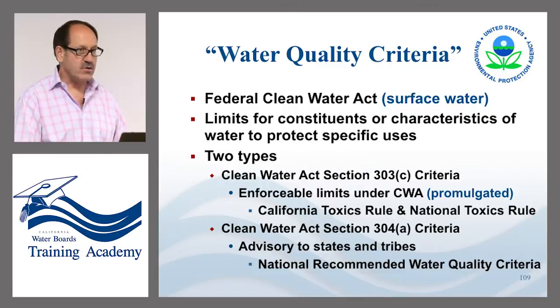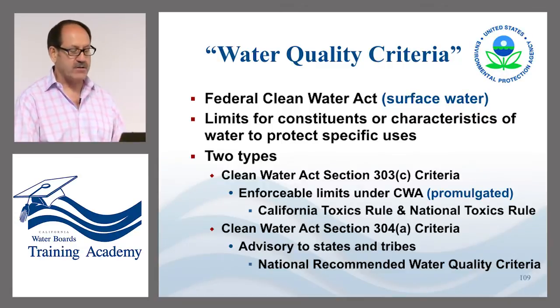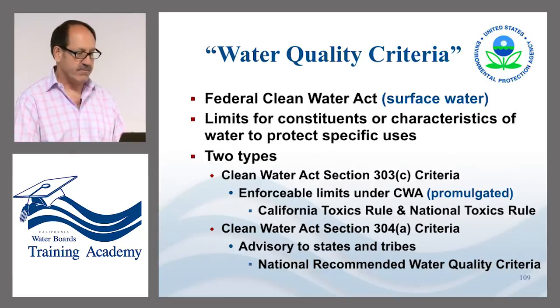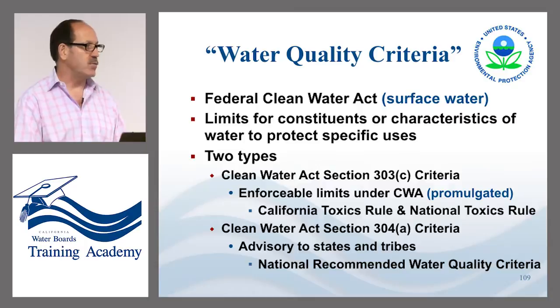But they also use the term criteria to apply to those numbers that come out of the 304A process under the Clean Water Act. And these are the advisory levels to states and tribes called the National Recommended Water Quality Criteria or National Ambient Water Quality Criteria.